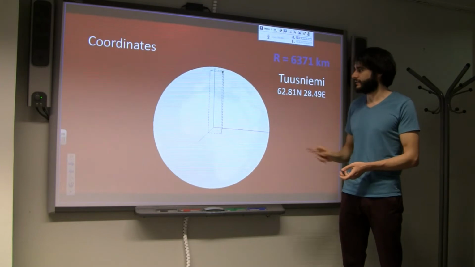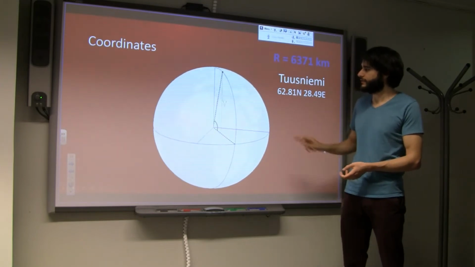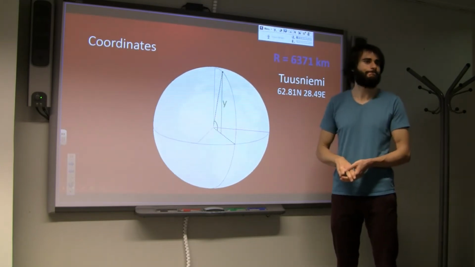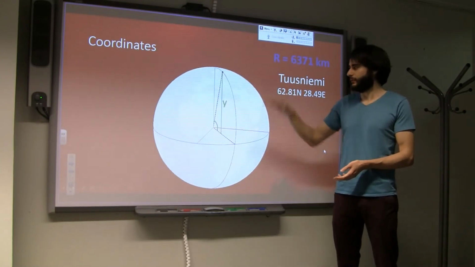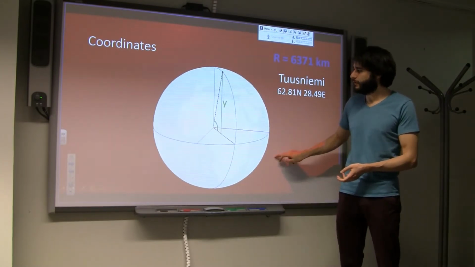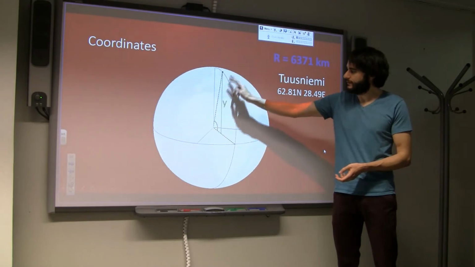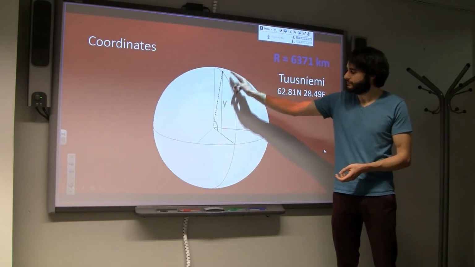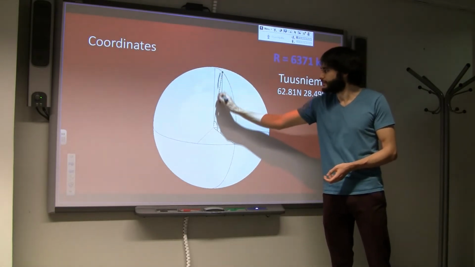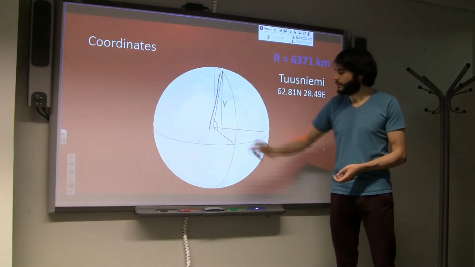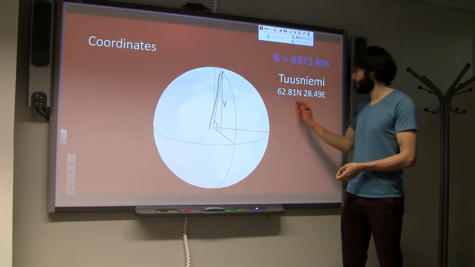Okay? And the first task is to figure out what is the value of this y. So what would be the y value if we know that this thing here is the radius? And we also know the angle. So the angle is this one.